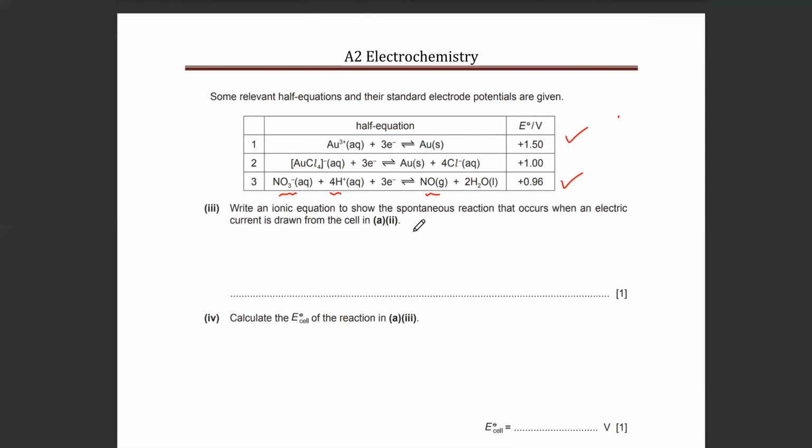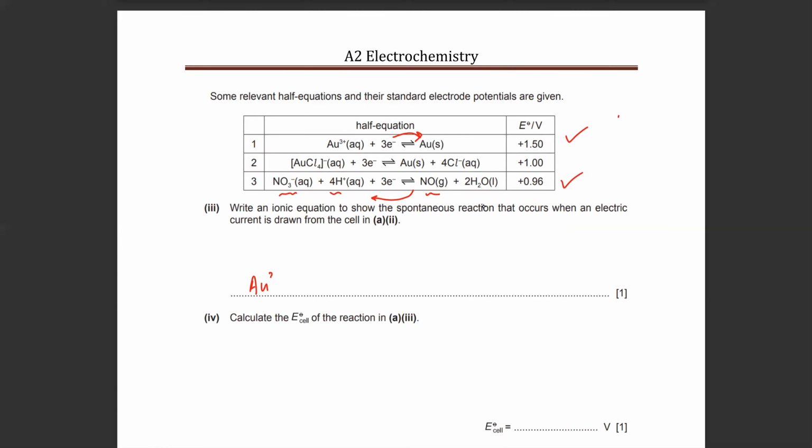That might be used somewhere else. So the first one is the higher potential. The second one is the lower potential. First one gains electrons. The second one loses electrons. The electrons are already balanced. So you just have to add up the reactants. It's going to be Au3+ in the first one, and the second one, the reactant is NO plus 2 H2O.